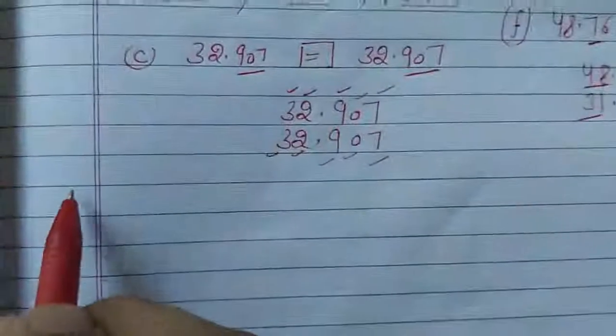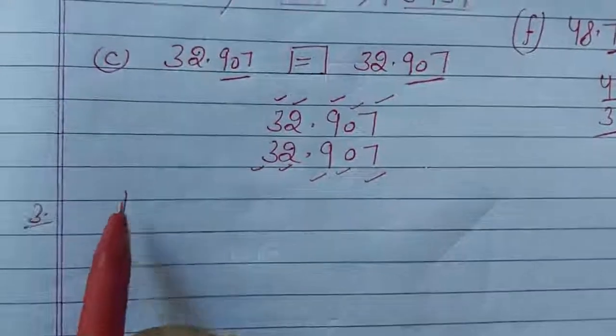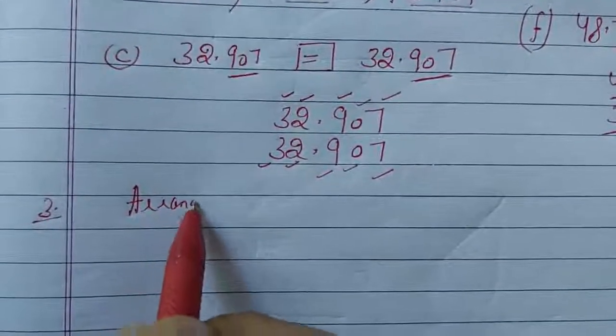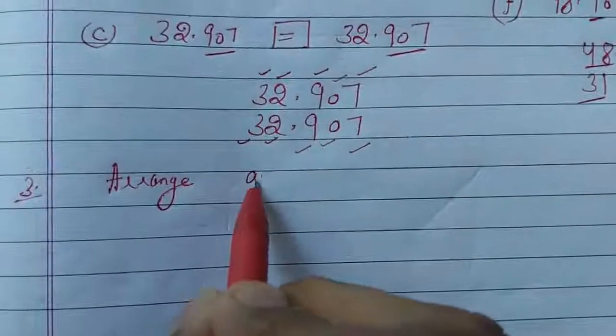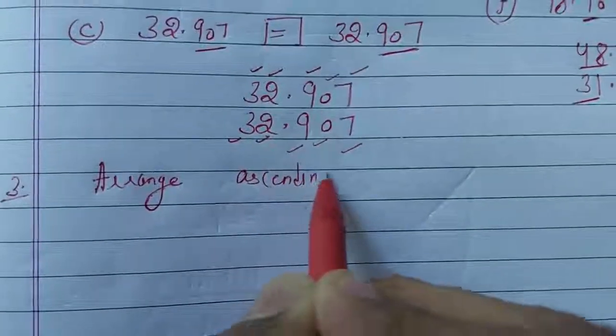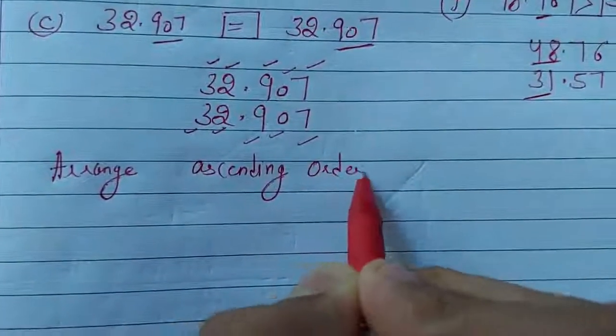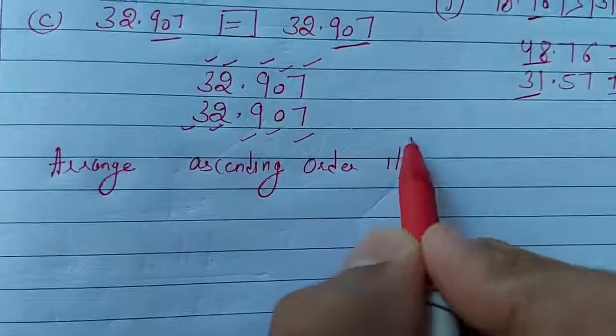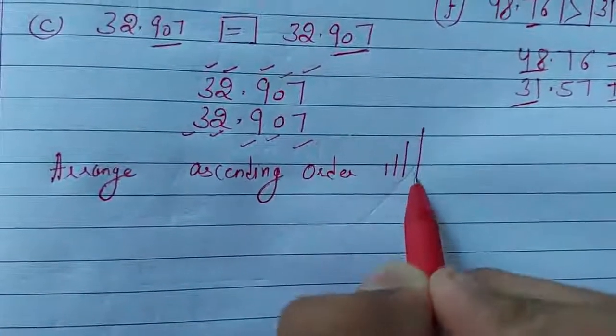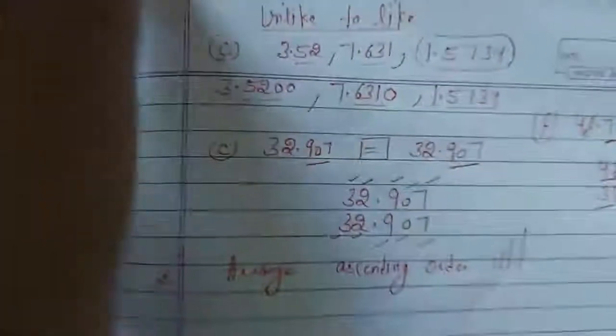So question number third is there. Here they are saying arrange in ascending order. So what is this ascending order? Smaller, then bigger, then more bigger number, then more bigger number. This is ascending order.